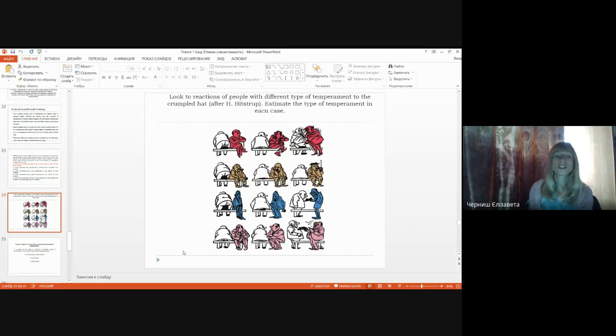and of course this reaction can be affected by dangerous or harmful factors, because you should understand that the reaction of our nervous system influences the quality of our work and the quality of our life.